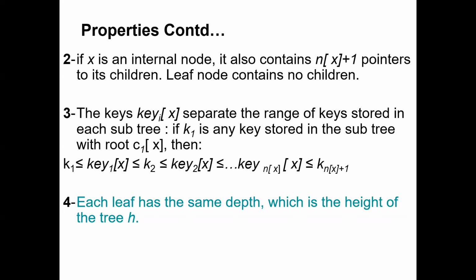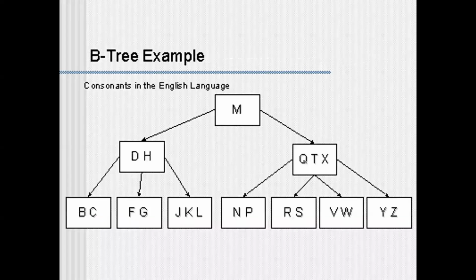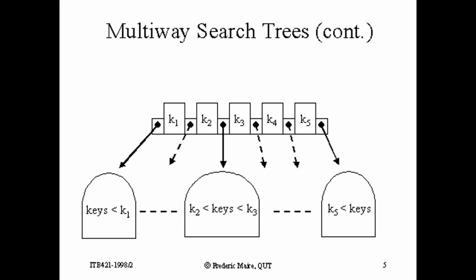The keys key i of x separate the range of keys stored in each subtree. If k1 is any key stored in the subtree with root c1, then k1 is less than key 1 of x. This justifies the diagram that we have already discussed in detail: all the keys on the leftmost branch of k1 would be less than k1 and so on.